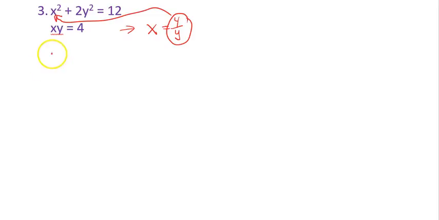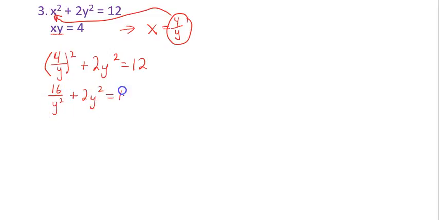So I'm going to plug that in, and I'm going to have 4 over y squared plus 2y squared equals 12. And then I square the 4 and square the y, so I have 16 over y squared. And then I have a situation where I need to get rid of the fraction.